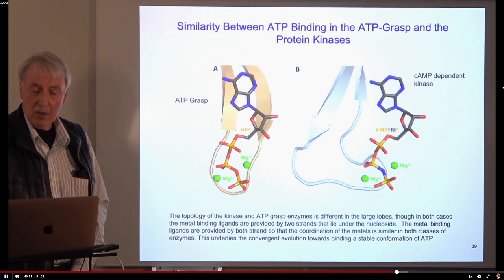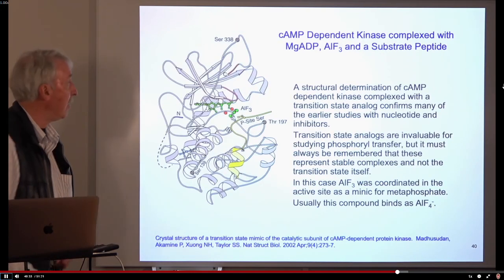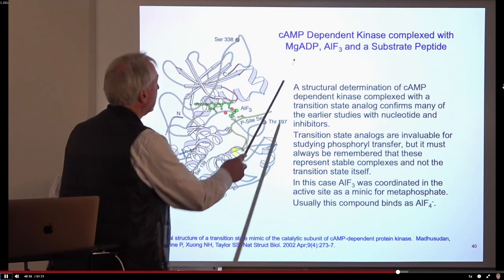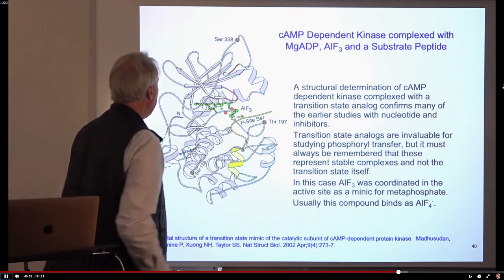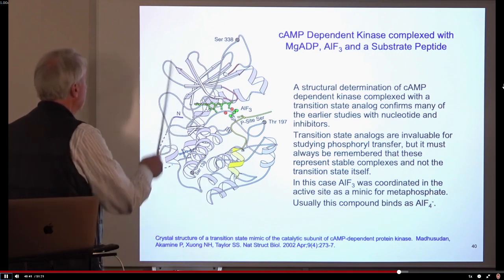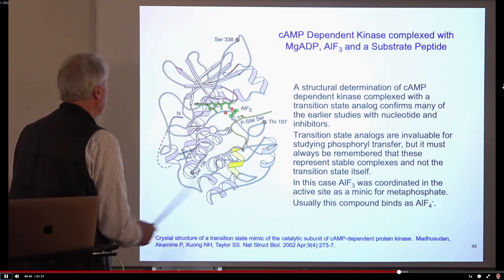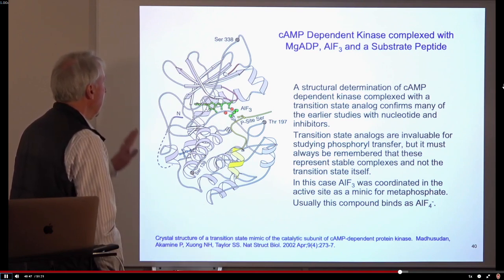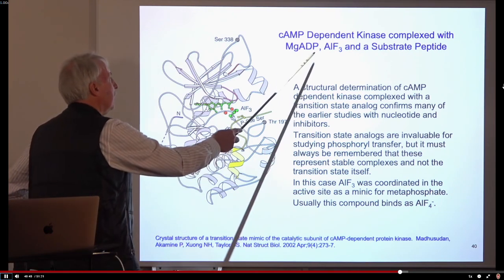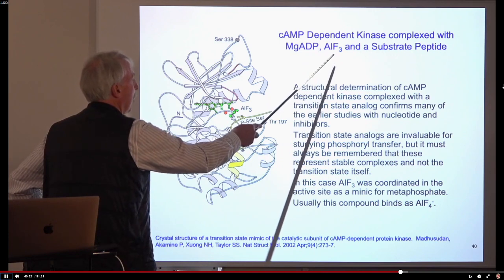Some time ago, a structure was determined for a cyclic AMP-dependent kinase complexed with magnesium ADP, aluminum fluoride, and a substrate peptide. This shows the figure from the original paper. This was published a long time ago, 2002, but it's a beautiful piece of work. They said aluminum trifluoride.